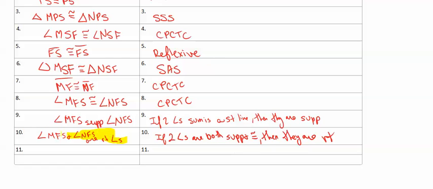Since I've now established that those two angles are right angles, and that those two segments are congruent, I can now go to the conclusion that line PS is a perpendicular bisector of MN.